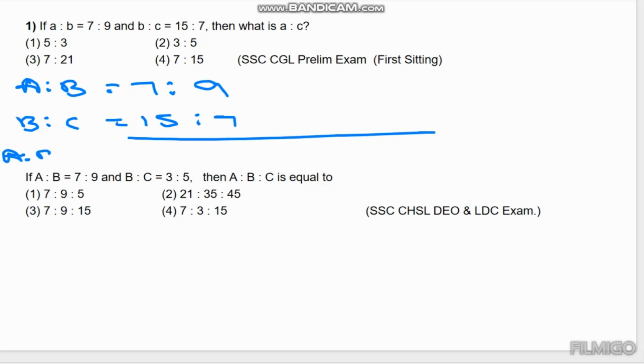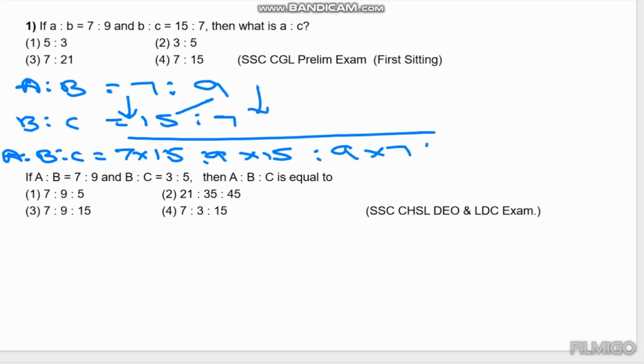So A is to B is to C can be written as 7 into 15 is to 9 into 15 is to 9 into 7, which can be further cancelled as 35 is to 15 is to 21.